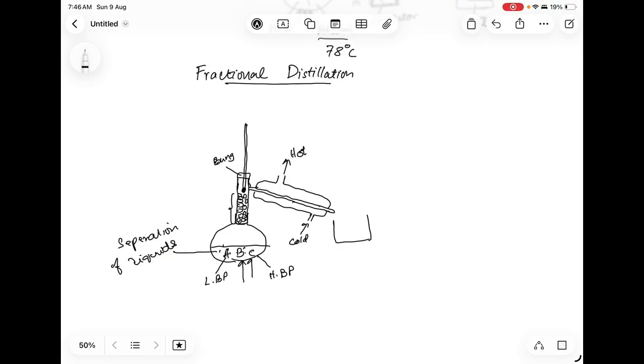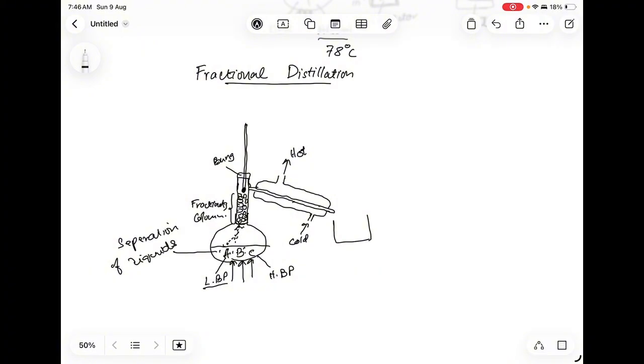So when you are heating this up, because A has a lower boiling point, the molecules of A are going to evaporate, convert into a gas and enter this fractionating column. So I'm just going to label it fractionating column. So these A molecules are going to go up.